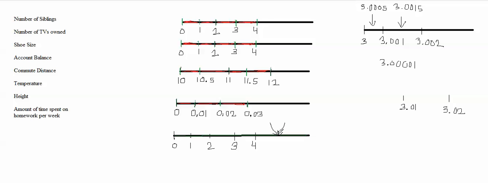So whenever you have two possible values that are next to each other, like this, on the number line, there's no gap between them. So the two possible values that are next to each other on the number line are really just touching each other. There's no space in between the possible values. So it's a continuous variable.